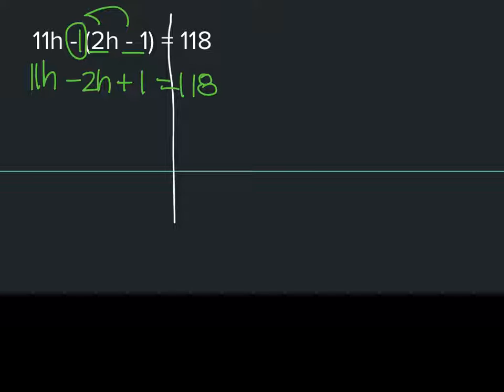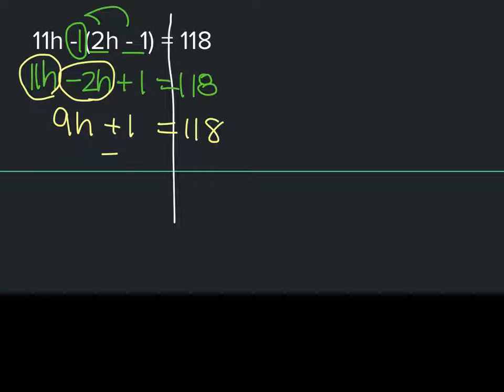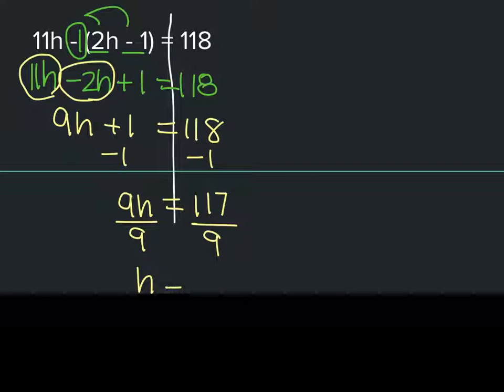Now we have 11h and -2h, and so that's 9h plus 1 equals 118. Subtract 1 on each side, we get 9h equals 117. Divide into 9 groups, we get that h equals 13.